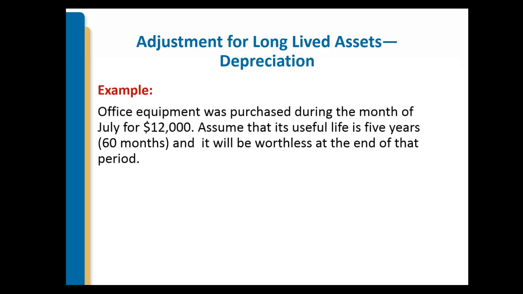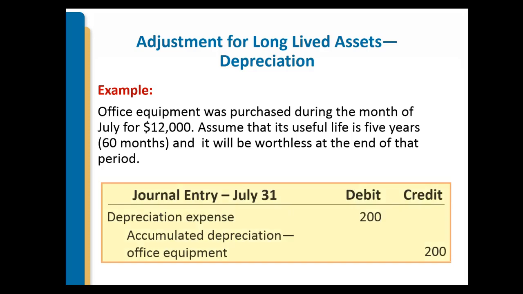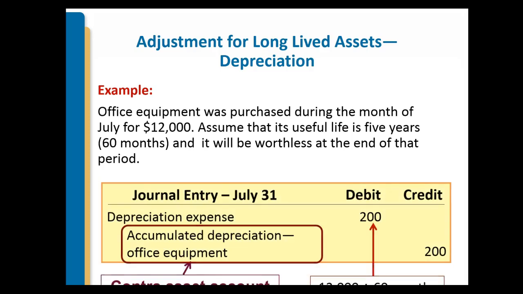The final prepayment involves the asset represented by office equipment that was purchased for $12,000. This asset has a long life, but is going to expire over time. Remember, an asset is a resource that will provide a future benefit.